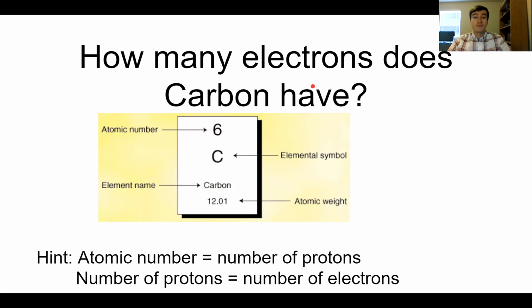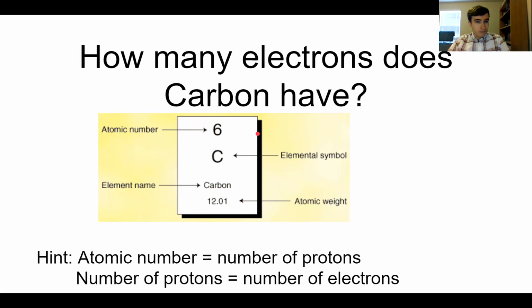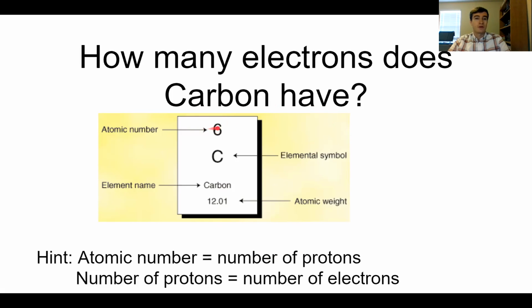And how did you figure out that carbon has 6 neutrons? 12 minus 6 equals 6. Perfect. So neutrons, again, is weight, which is, like we said, 12 in this case, minus 6 up here at the top. So 12 of the weight minus 6 for the number of protons gives us 6 neutrons.